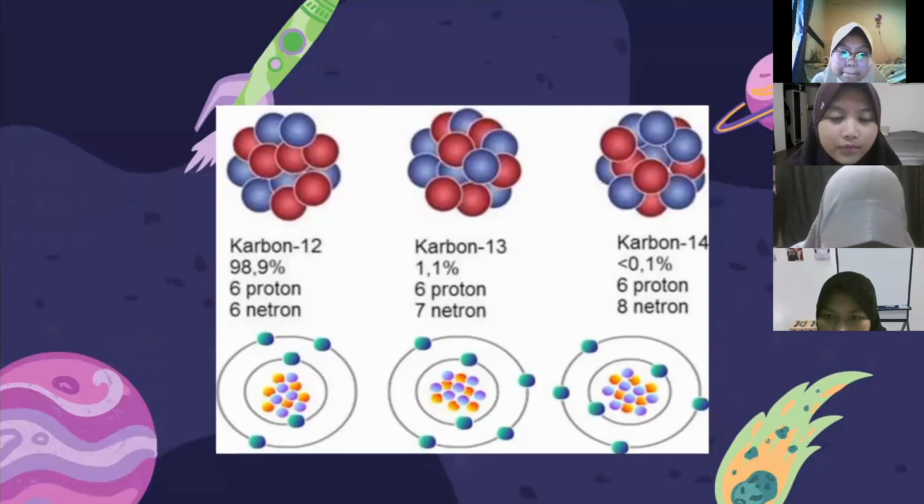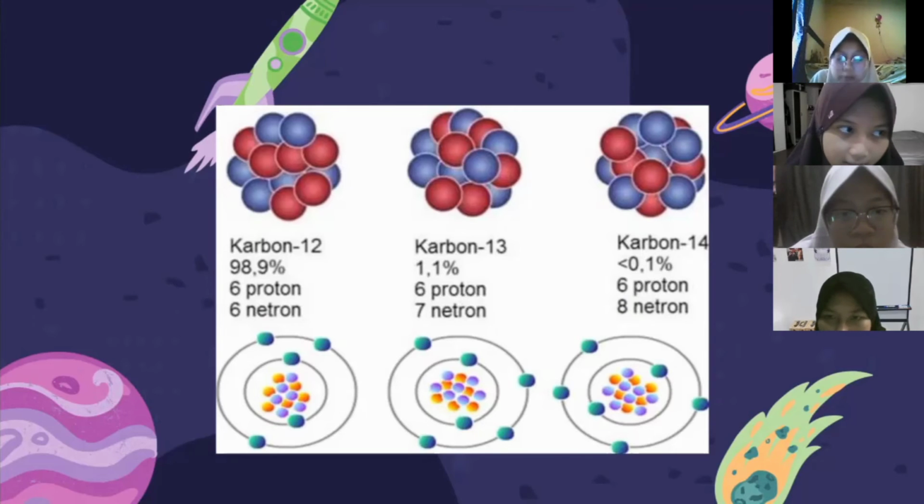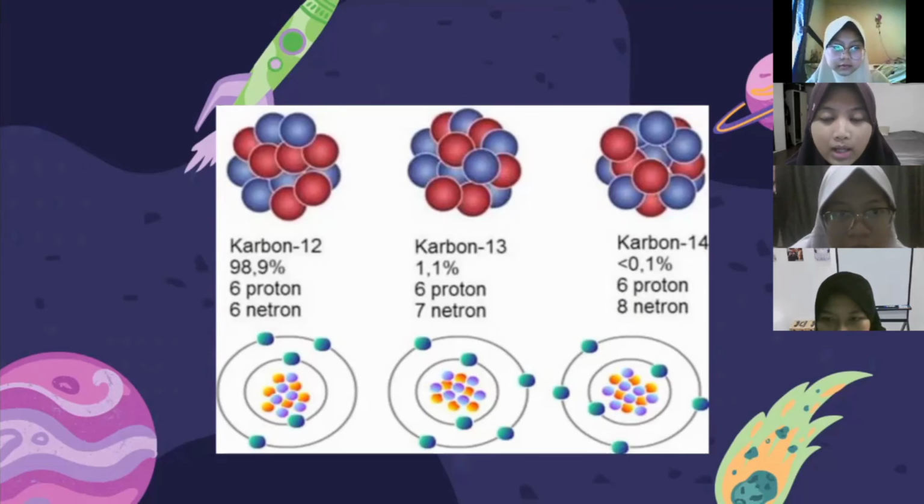Okay, there are 3 isotopes of carbon: 12, 13, and 14. The percentage abundance of carbon-12 is around 98%, for carbon-13 it's around 1%, and for carbon-14, less than 0.1%.